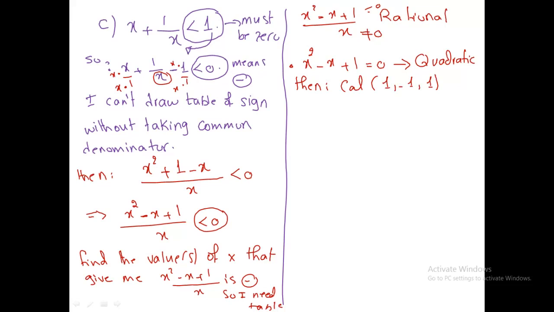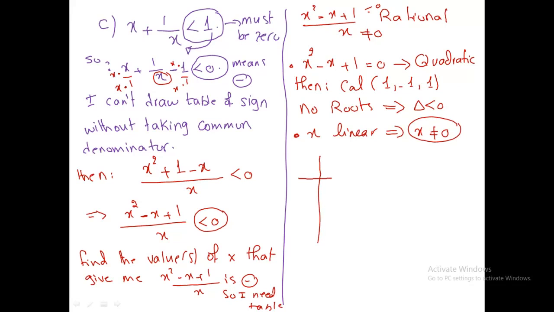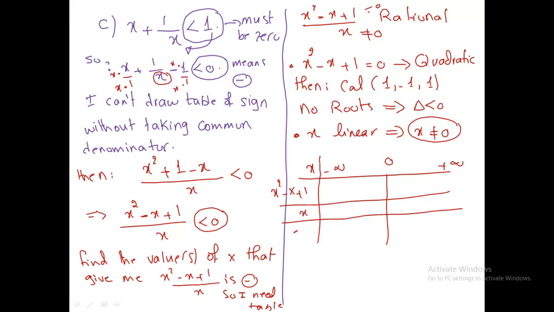The calculator will give me no roots. You will conclude that delta is negative. x is linear. It's enough to say x does not equal 0. I only have x does not equal 0. So I will put it here and I will put the numerator, then the denominator, then f of x.